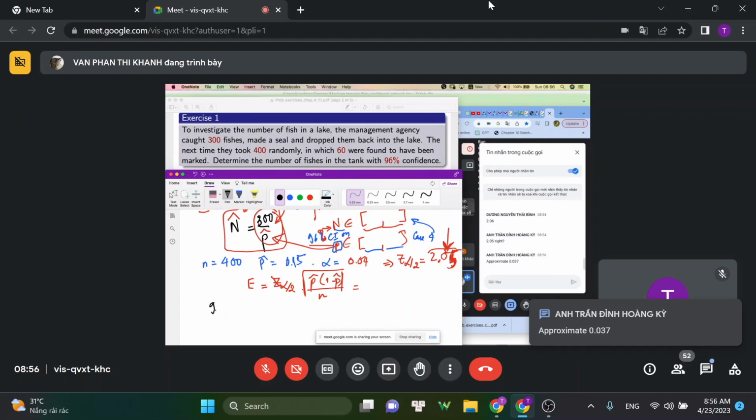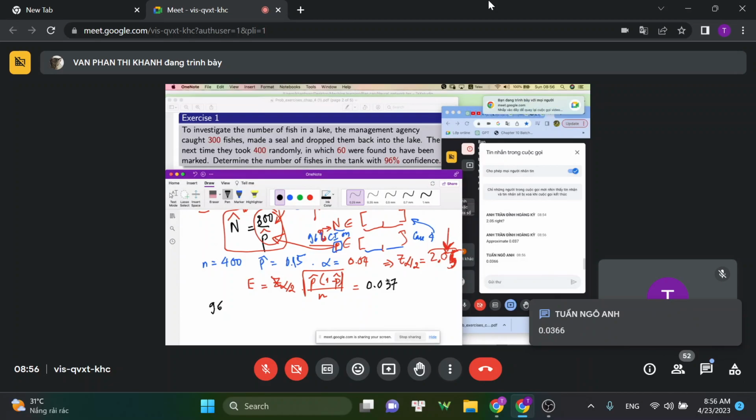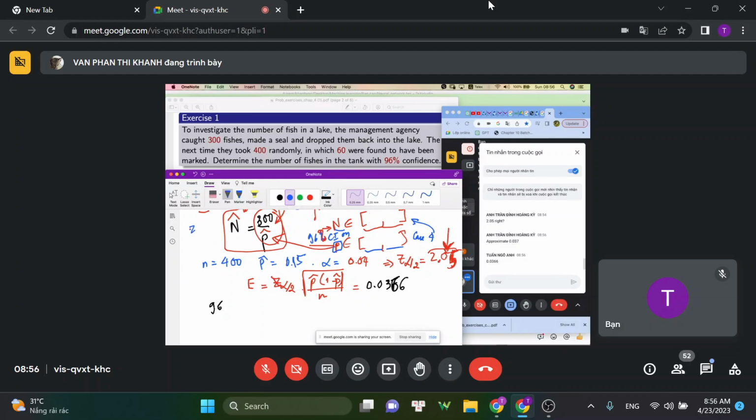Okay, approximate, round your answer to 4 decimal places. Wait, I thought it's just 3. So this one must be 4, right? I don't understand what you mean. I thought it just rounds to 3 decimals. No, 4 decimal places. I said that for the Z value.